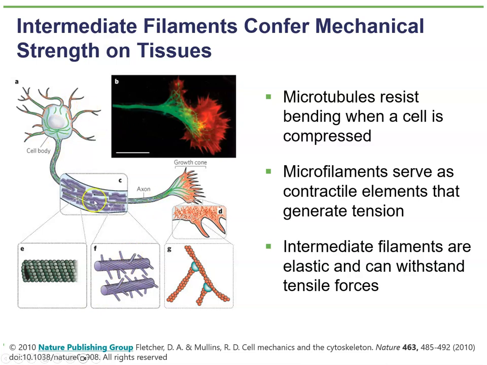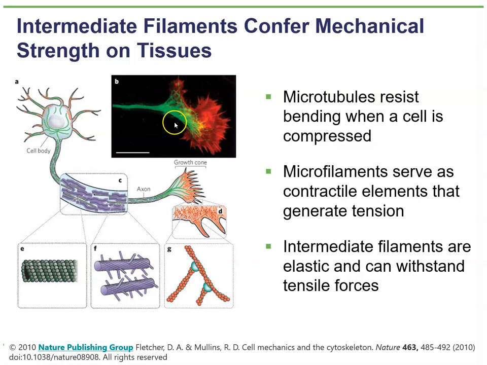And they really confer a lot of strength to the tissue. For example, the axons need to have a lot of structural stability. It's really important that they're able to resist bending or compression, and they serve as an element that helps to maintain the shape, because this ability to have signal transduction from the cell body to the axon to the neuromuscular junction, for example, or the growth cone, is really important in our tissue.